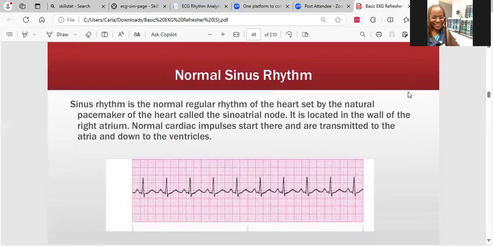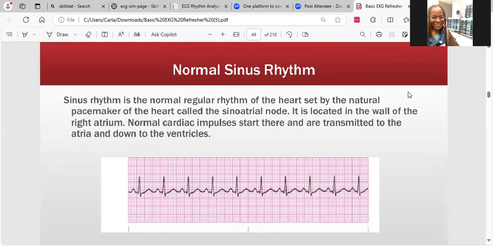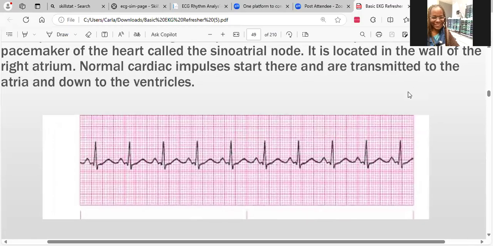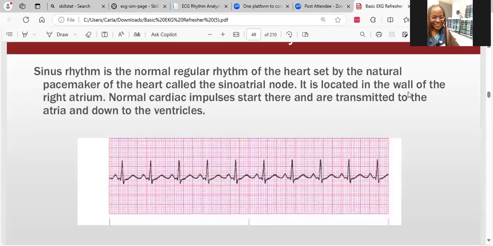A normal sinus rhythm is a regular rhythm that is set by the natural pacemaker, the SA node. So all of our sinus rhythms are rhythms that generate the P wave, showing us that our SA node is working. This would be an example of normal sinus rhythm. How do we know? We have about 20, let's say 5, 10, 15, 16, 17, 18, 19, about 19 boxes or so in there.